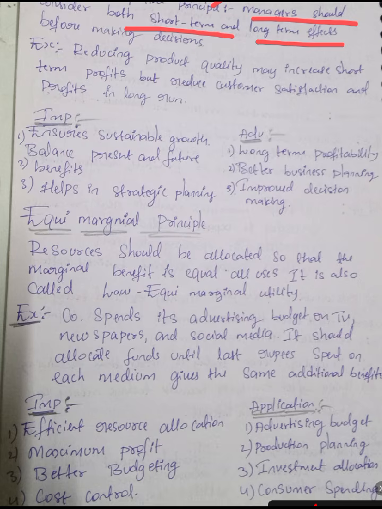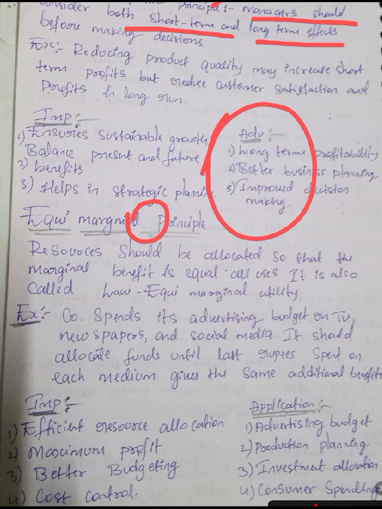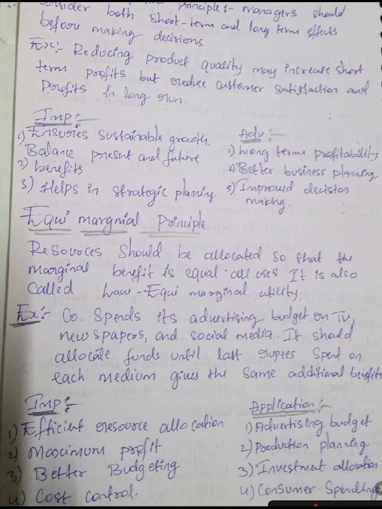So they have to see how the short term benefits are and how the long term benefits are. Example: reducing product quality may increase short term profits but reduce customer satisfaction and profits in the long run. I'm reading once again for you guys.